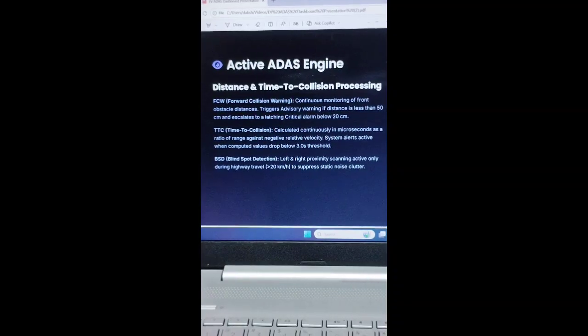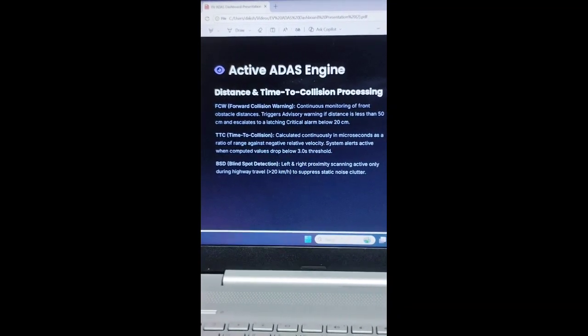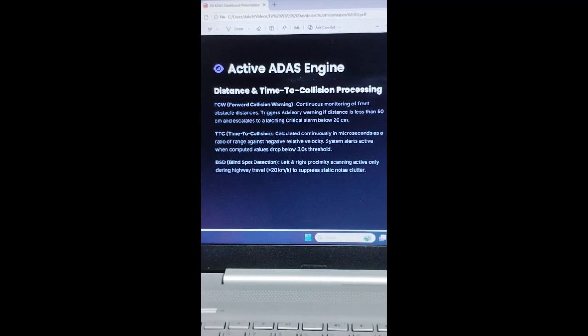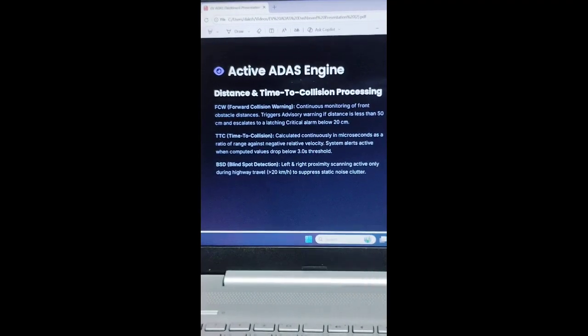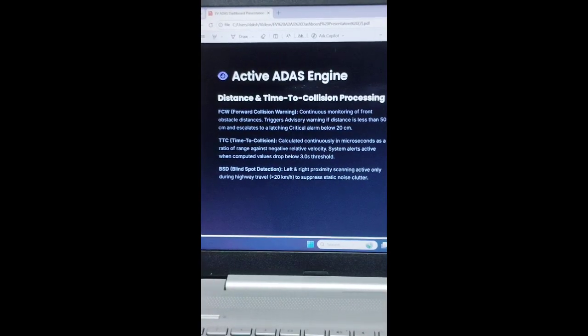Then the active ADAS engine: distance and time-to-collision processing is classified into 3 types. First one is FCW, forward collision warning. Second one is TTC, time to collision. And the third one is BSW, blind spot detection.